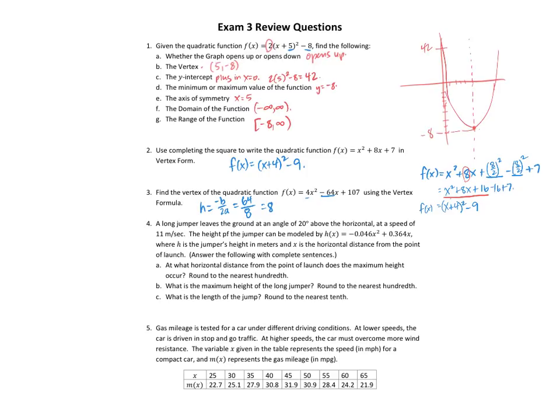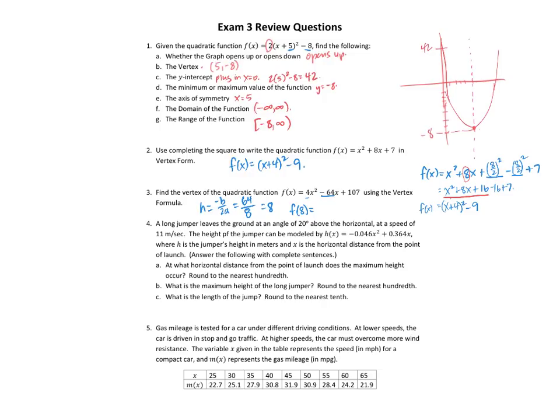And then I can plug that into my function f to find the k. f of 8 is going to be 4 times 8 squared, 8 squared, minus 64 times 8, and then plus 107.